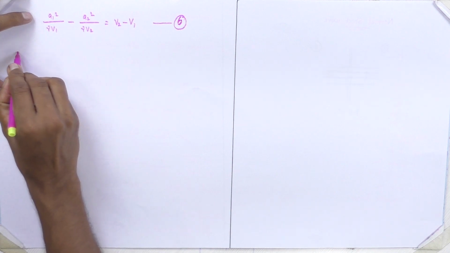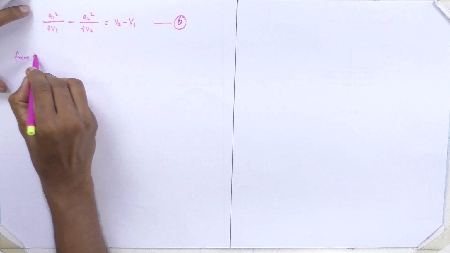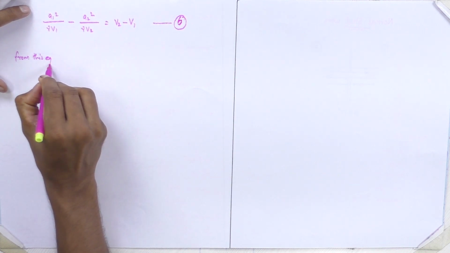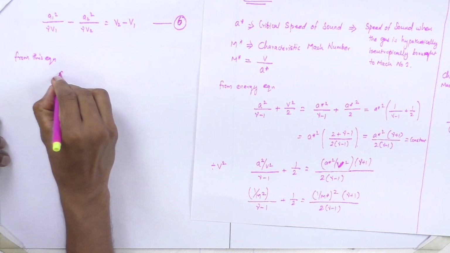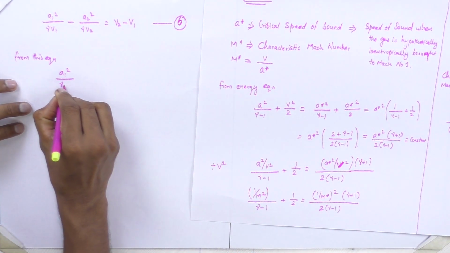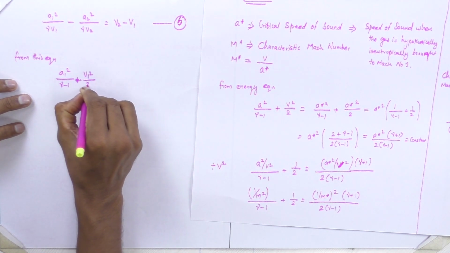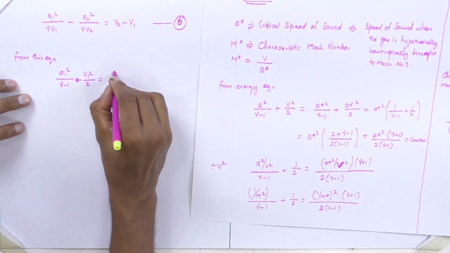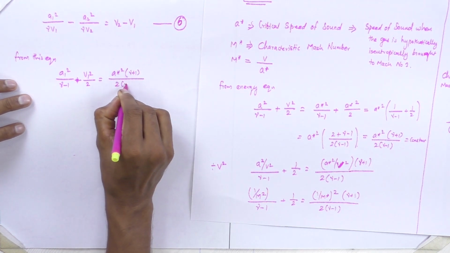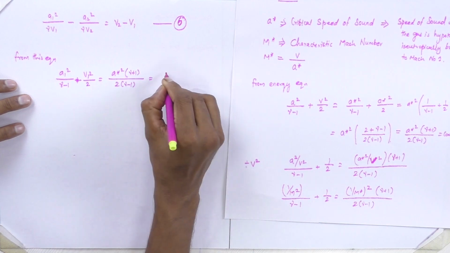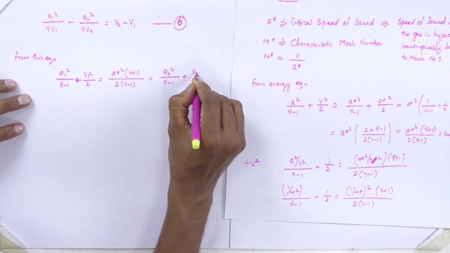So from this equation, A1 squared divided by gamma minus 1 plus V1 squared divided by 2 is equal to A star squared gamma plus 1 divided by 2 into gamma minus 1. This is also equal to A2 squared divided by gamma minus 1 plus V2 squared divided by 2.